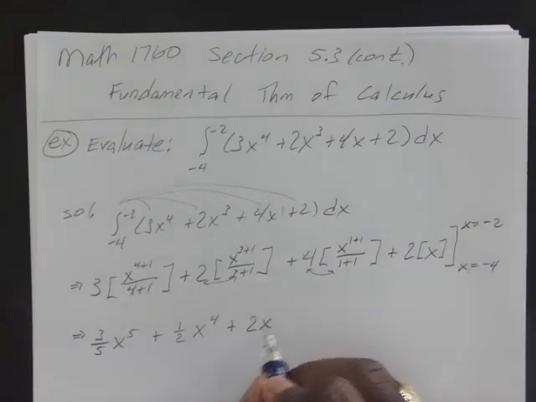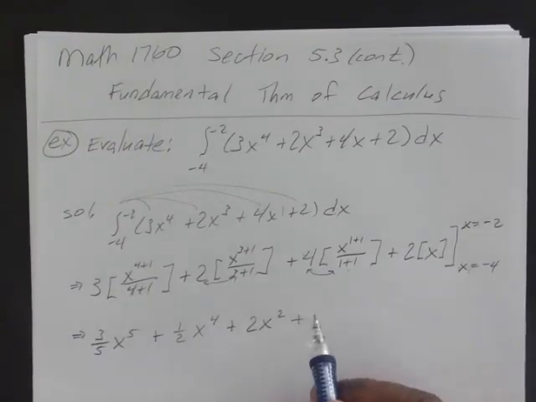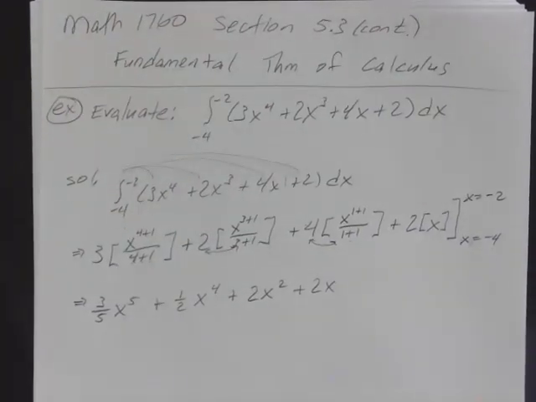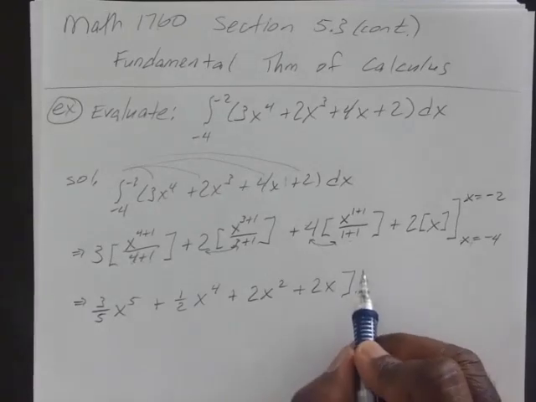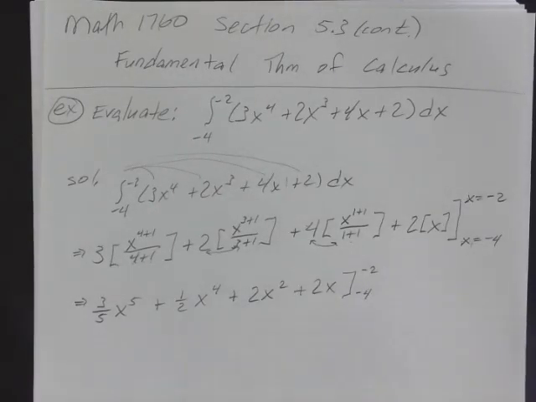So that's 2x squared plus 2x. And that's from x equals -4 to -2.